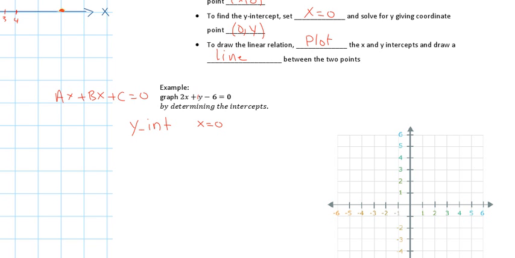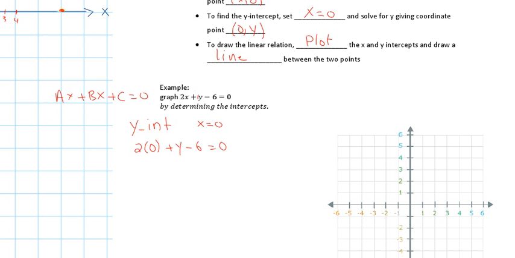Are we okay with that so far? The 2x means it's 2 times x, but we don't write that multiplication. Okay? So if you have a number and a letter next to each other, they're multiplied by each other. Okay? 2 times 0 is 0. So that's 0 plus y minus 6, and that's equal to 0.